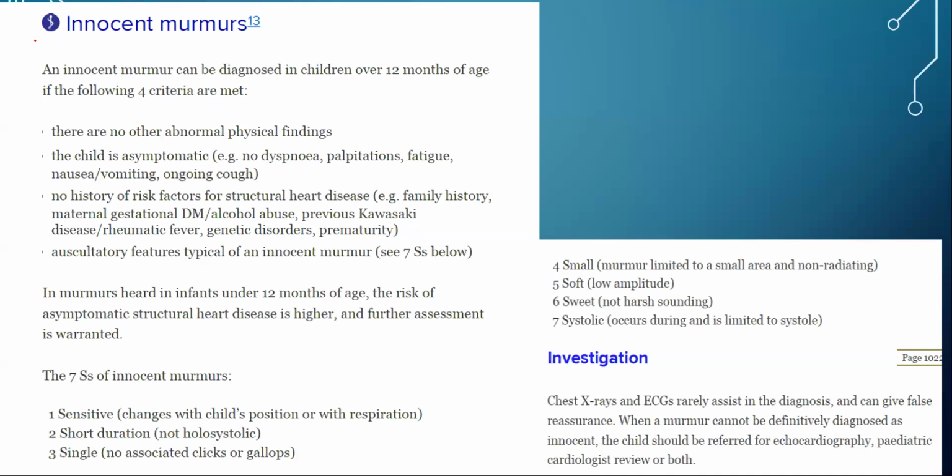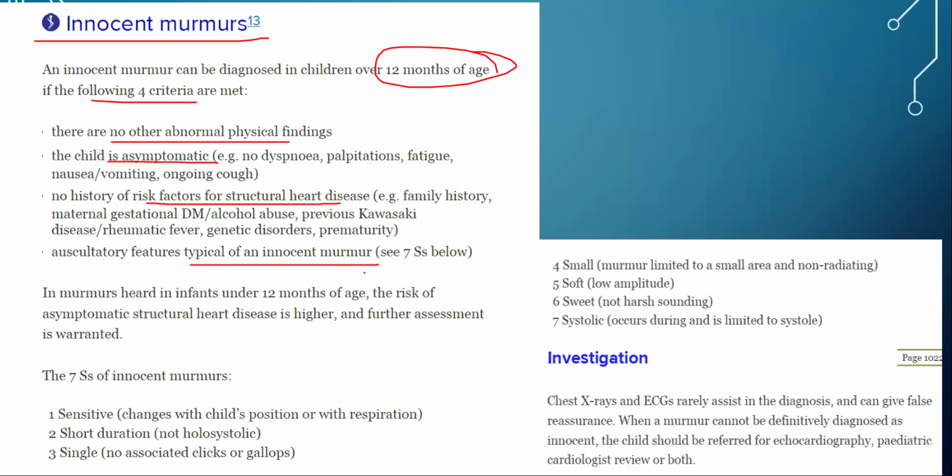Innocent murmur. There is a term called innocent murmur which comes in exams a lot. So innocent murmur can be diagnosed in children over 12 months of age if all of the criteria are met: no other abnormal physical finding, child is asymptomatic, no risk factor for structural heart disease, and the auscultatory finding fulfills the 7 S's. So 7 S's means it is a sensitive murmur, so it changes with child's position or respiration.